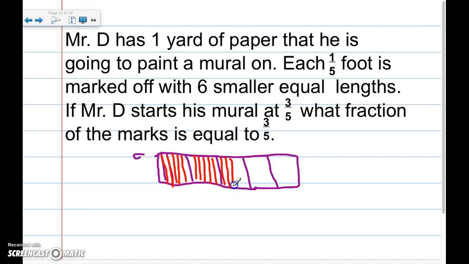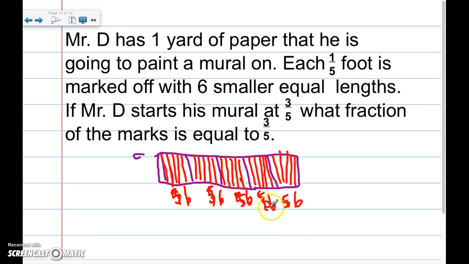So I put 6 here, 6, 6, 6 pieces, 6 pieces, and 6 pieces.